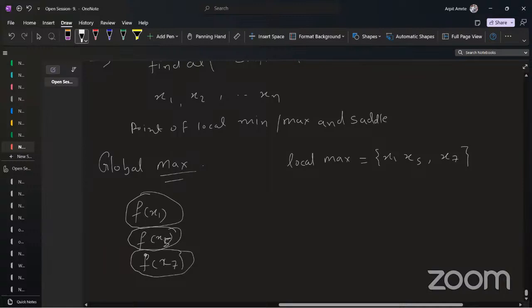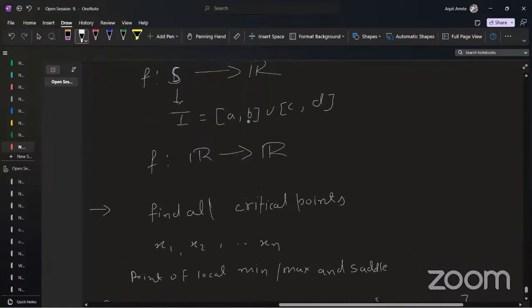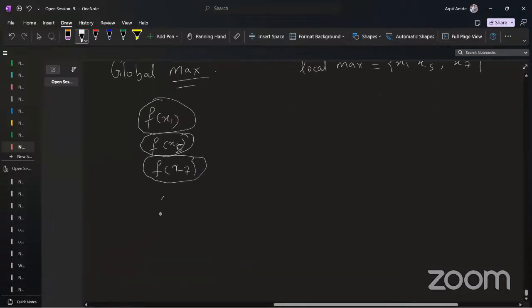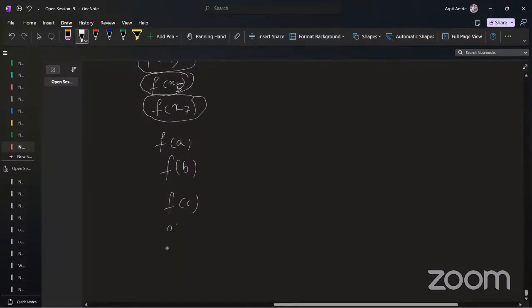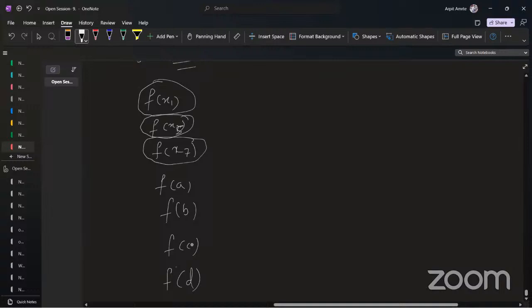Once you find these values, also find the boundary values: f(A), f(B), f(C), and f(D). Now just see at which value your function is getting its maximum. Each of these will be some value.